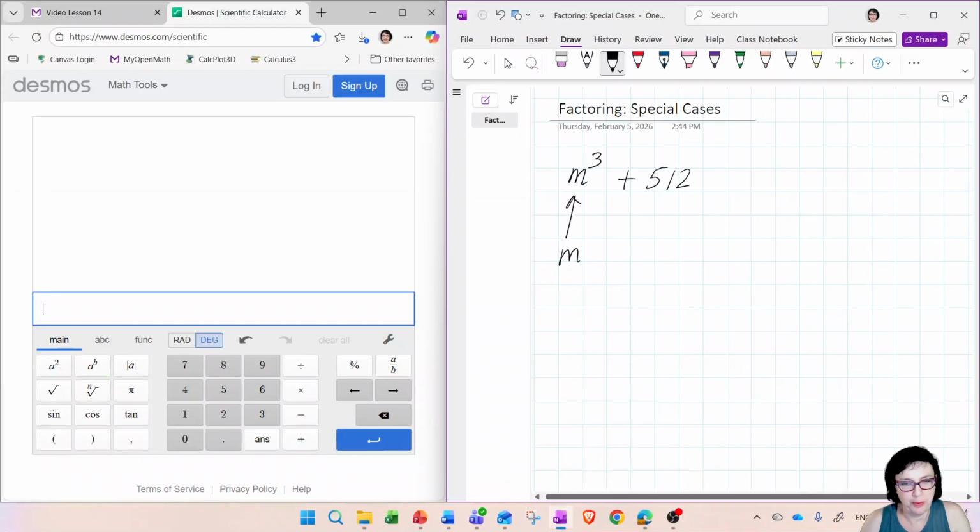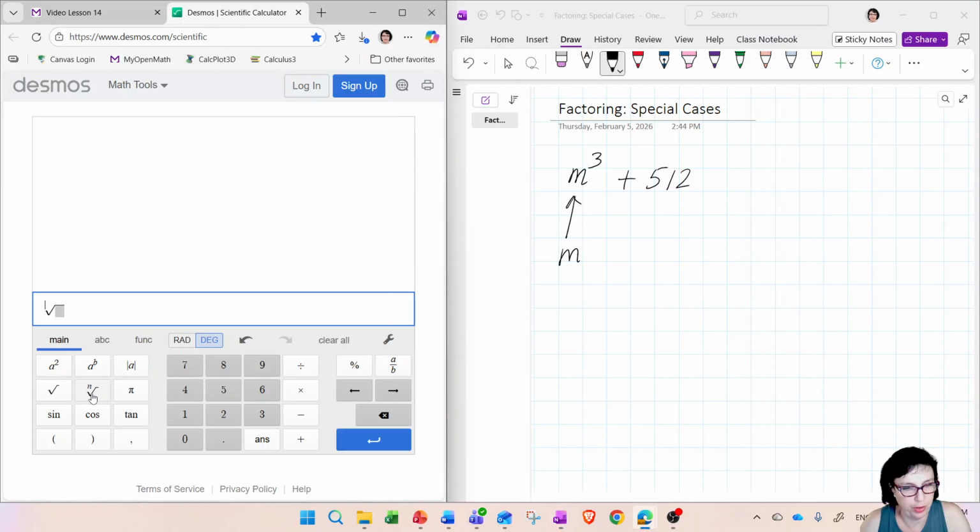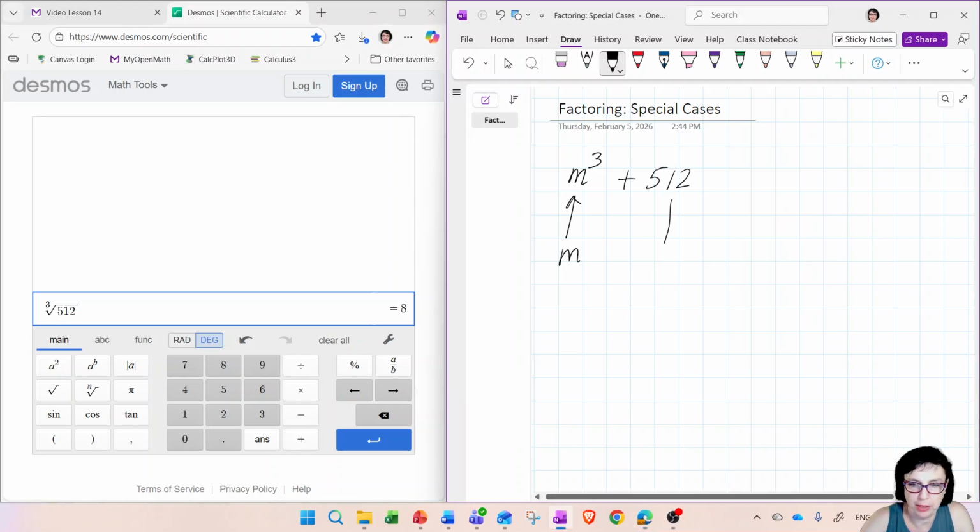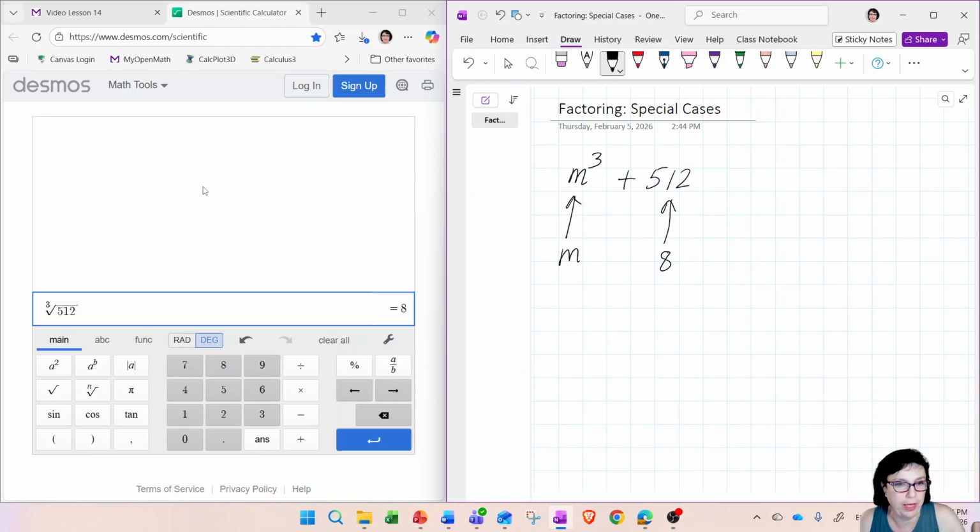Depending on if it's a cube root or fourth root or whatever, you're going to change this little number here. So you're going to click on it, and because it's a cube, you're going to just put 3. And in the blank, you're going to put 512. And that tells you that that's 8. So you need to investigate what it is a cube of, and it just told you that that's a cube of 8.